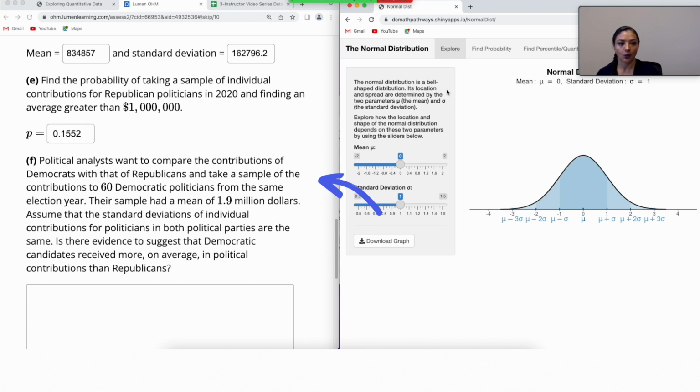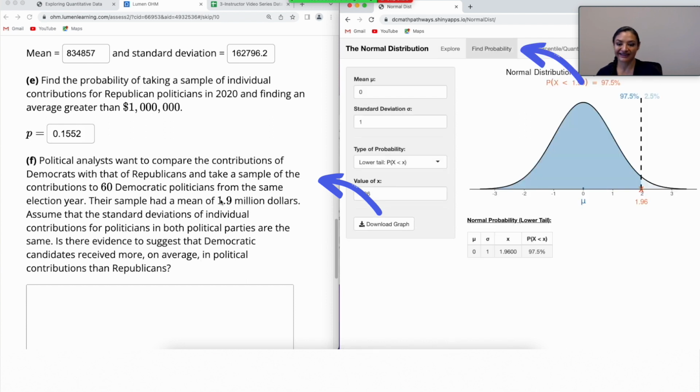Alrighty, so that was quite the mouthful, but what we want to do is use our normal distribution statistical tool. What we want to do is see what is it probability wise that the Republicans are going to receive $1.9 million in contributions. So basically, let's use the information we found in the previous part.